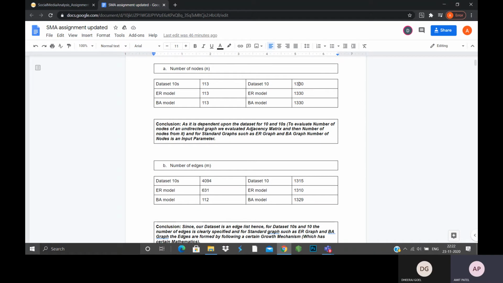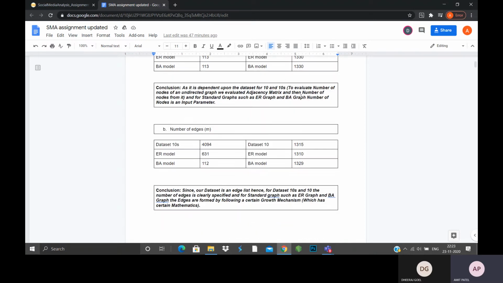As it's a constraint of the problem statement, we have to keep these nodes constant for all the comparisons. So we did it, and the comparison for dataset 10, ER model, and BA model will be done with the average properties of 10 ER graphs, each with probability 0.0015, and 10 BA graphs, each with number of rewired edges being 1, right?